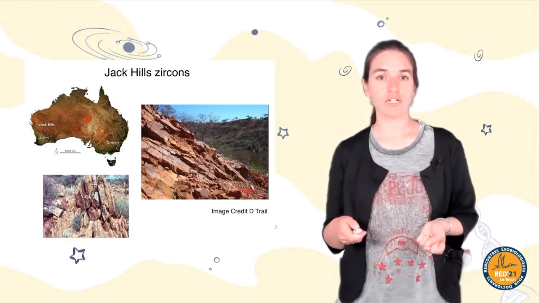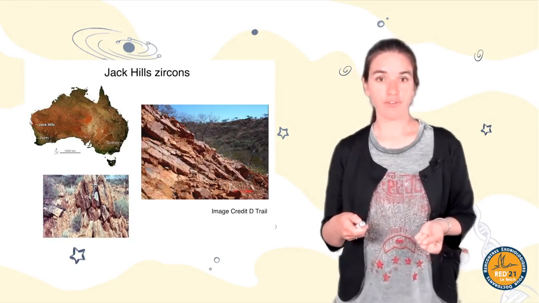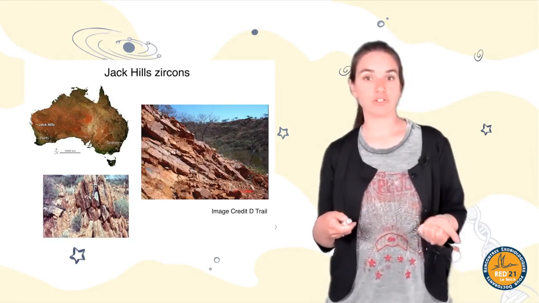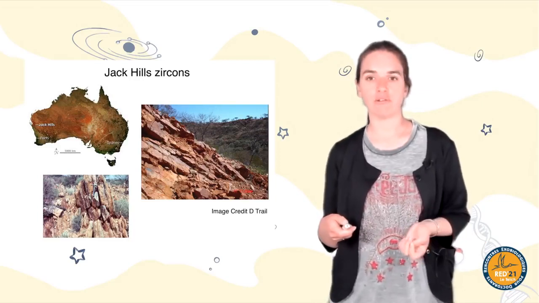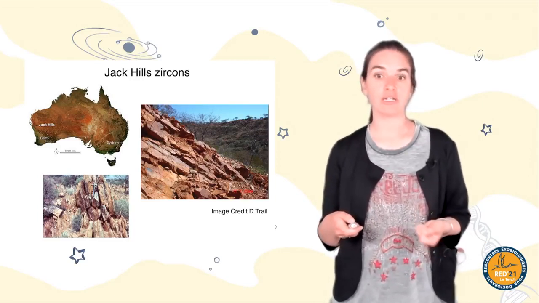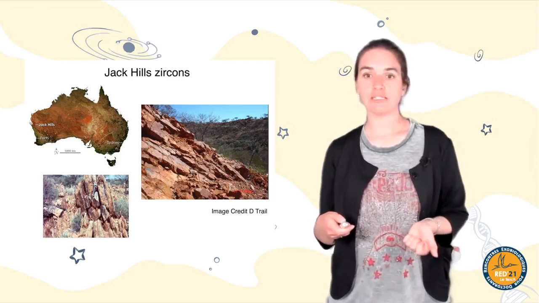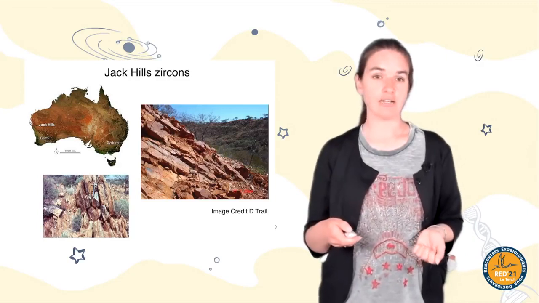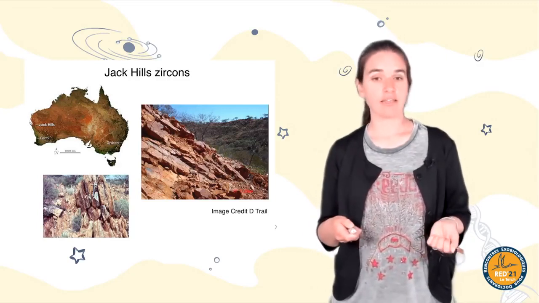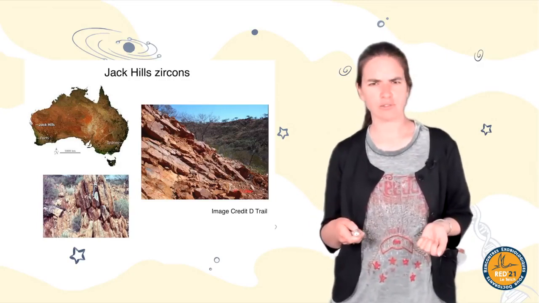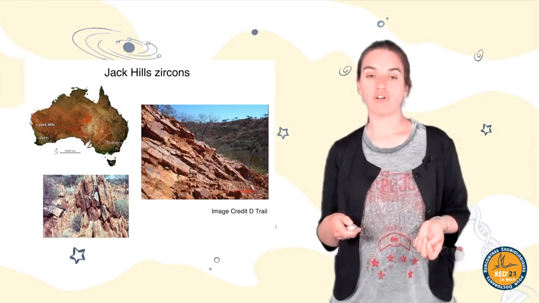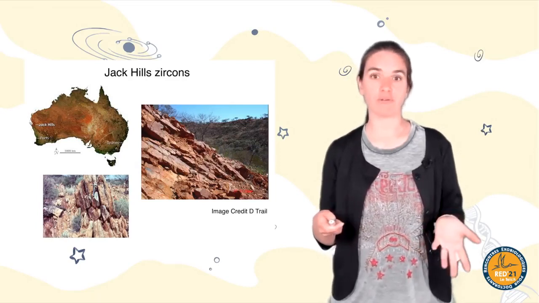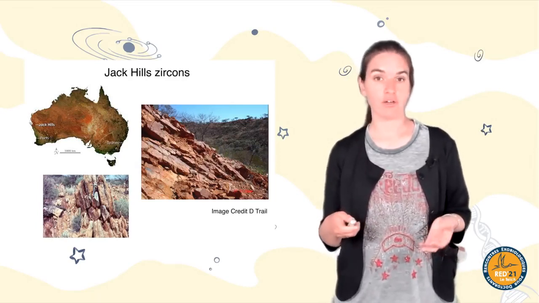This mineral is very interesting because it is a common trace mineral in many granites and magmatic rocks, and it preserves the magma genesis, but it is also very resistant to alteration and metamorphism. These Jack Hills zircons have been dated, mostly between 3.8 and 4.4 billion years. So this is the oldest mineral we have on Earth right now.